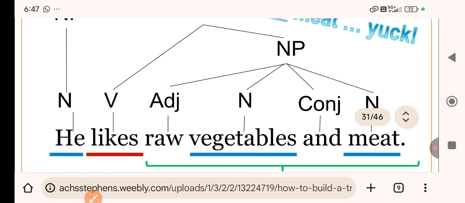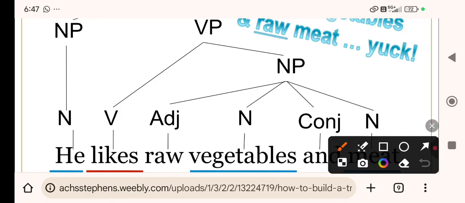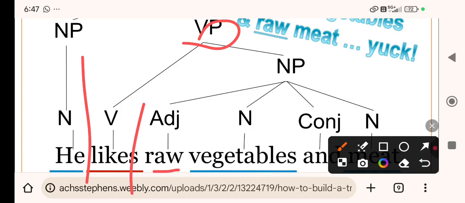Then, he likes raw vegetables and meat. So he is okay. Then verb phrase, likes. Then raw vegetables. So raw is an adjective. So raw vegetables is a noun phrase, right? Why noun phrase? Why not adjective phrase? Because the main head word is vegetables, that's why it is a noun phrase.